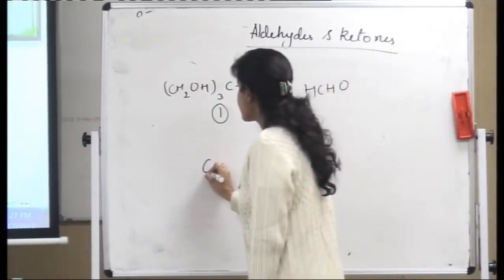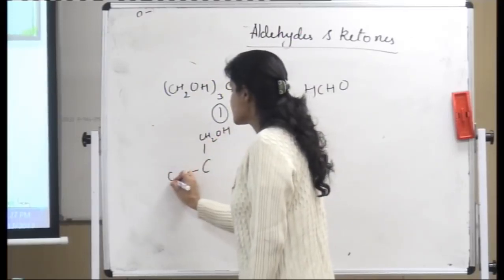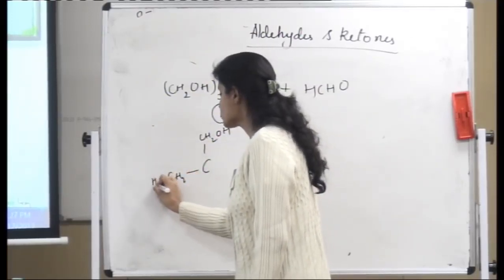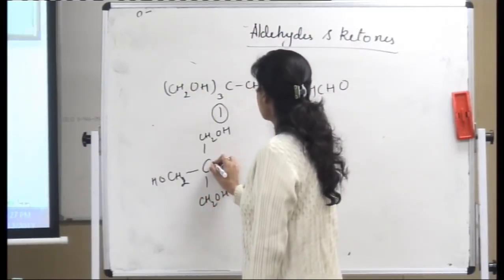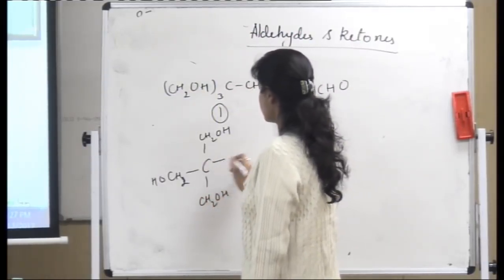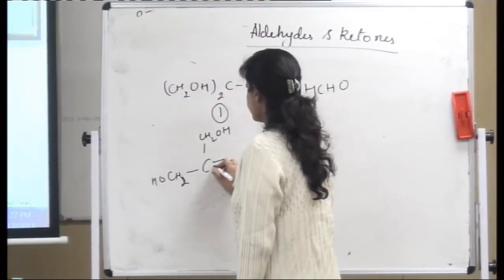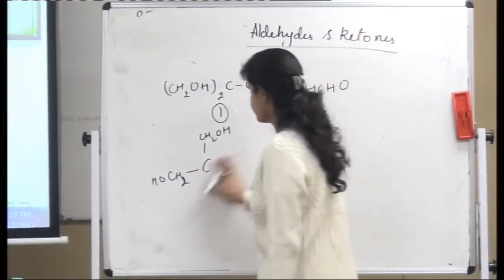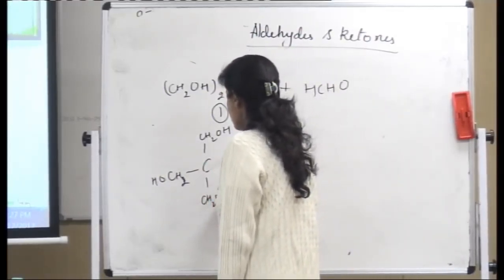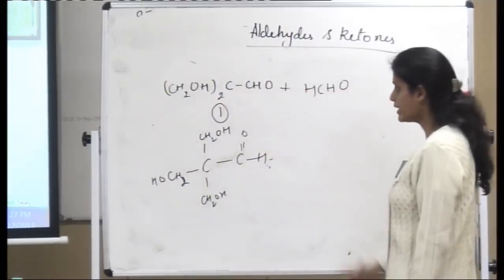I can write this as CH2OH, CH2OH, right? And this as CH2OH, then it should be 3 twice, right? Oh, I'm sorry. It's (CH2OH)3C, O and H, right?